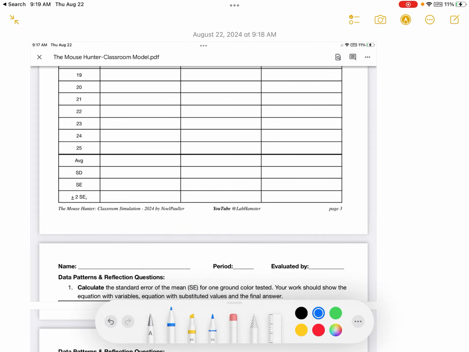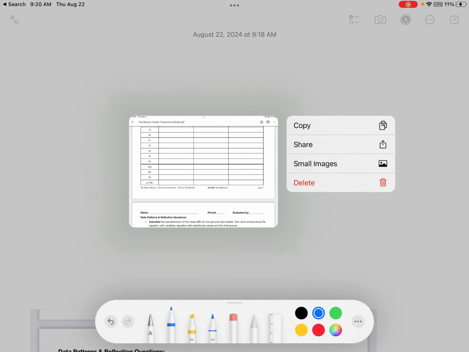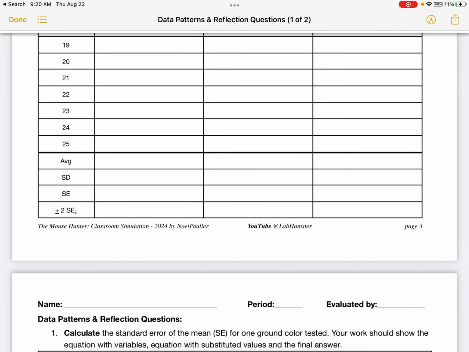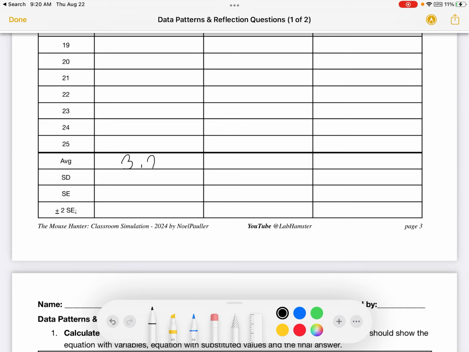I think the average for this first one is 3.2. I'm just going to give these as my averages just so I have something to put down. Let's just do 4 to make it easier. Okay, so let's just say these are my averages or my means.